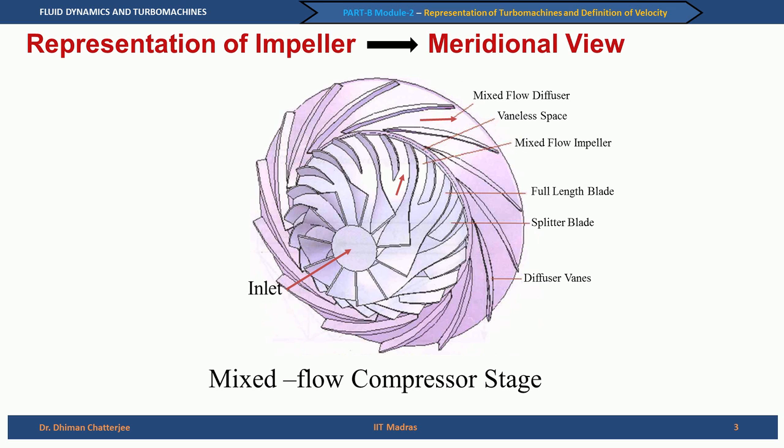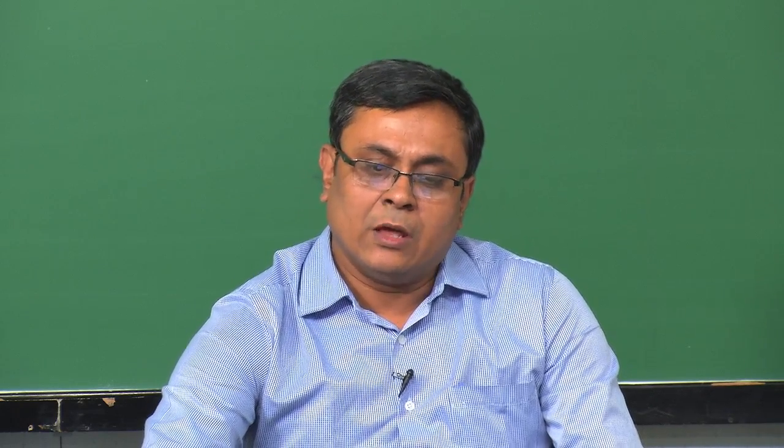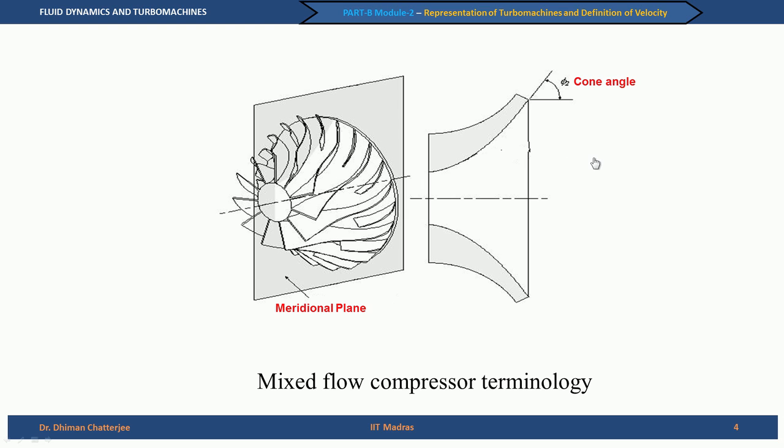So, how do we reconcile the two views, the solid model shown here and the view that was shown in the last week? To understand that, now we bring in the concept of how to define a meridional view. To define a meridional view, we pass a plane through the axis of the impeller in such a way that it cuts the blade and gives me the picture.